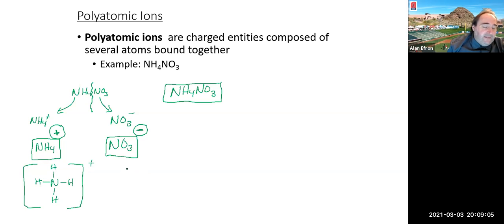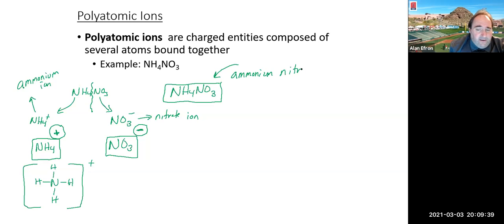Each of these has a special name. NH4 plus is the ammonium ion, not to be confused with ammonia, but ammonium ion. NO3 minus is the nitrate ion, which means when we go to name this, we just put both names together: ammonium for the first guy and nitrate for the second guy.